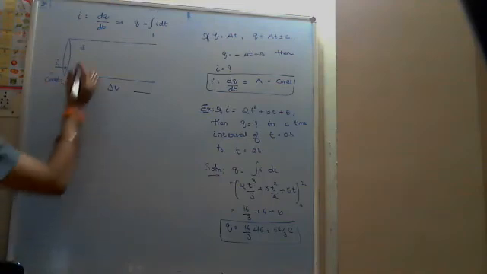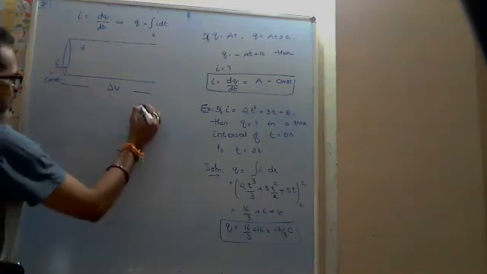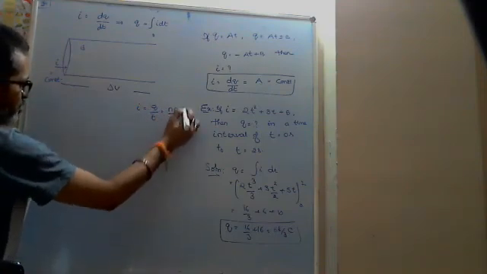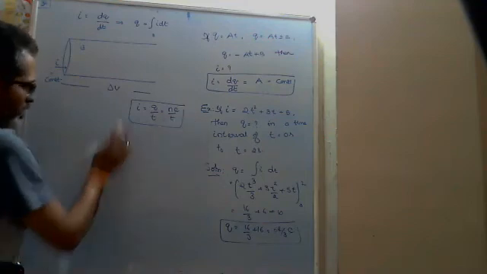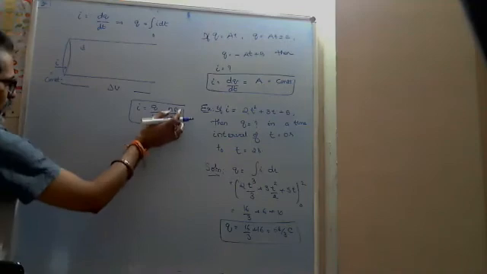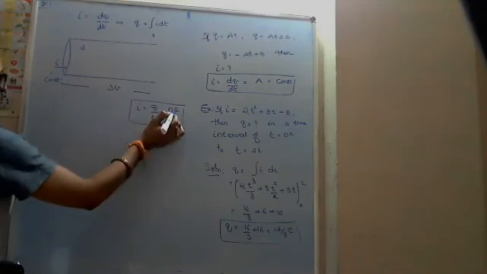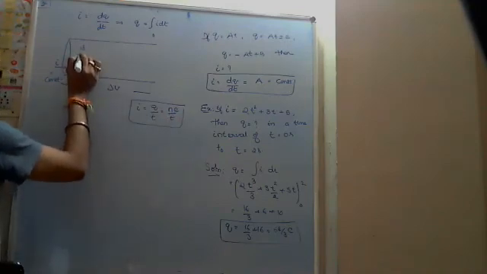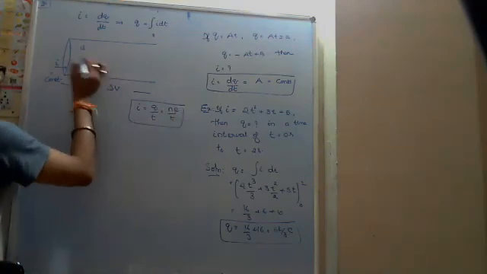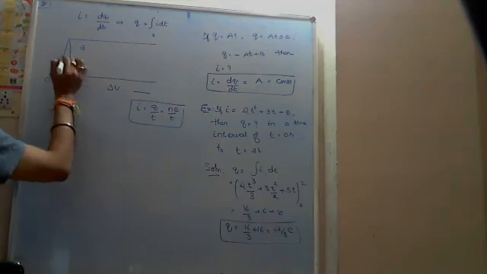Here current is nothing but, as I already told, Q by T, where Q is NE, so I is NE by T. We use this when I is constant. Here N is the number of electrons passing through one particular cross section, divided by time.